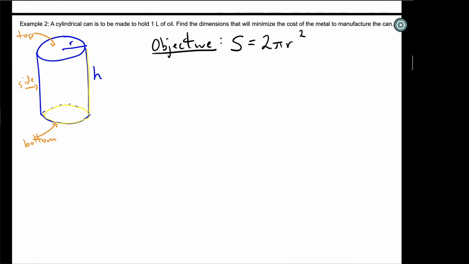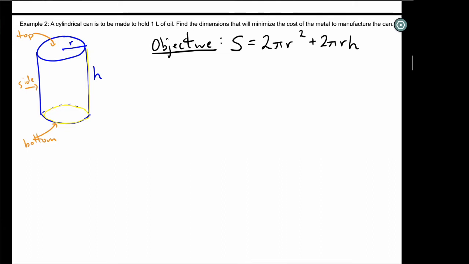In this case, the height is obviously h. The length is the length of a circle of radius r, which is the circumference. So we have 2 pi r. That would give us the length around this circle here, and then times the height.